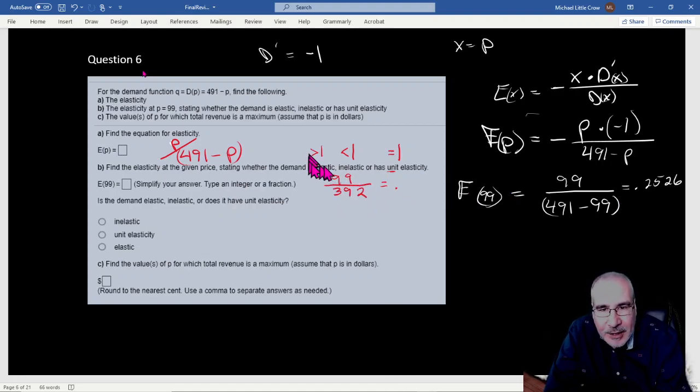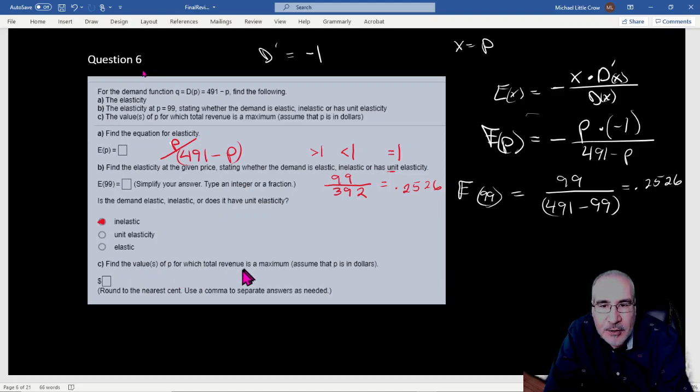It's less than 1, I guess you could see that, but I like decimals. So when it's less than 1, it's inelastic, which means that a change in price does not change the demand tremendously. So we still have some room to go before we start affecting the price.